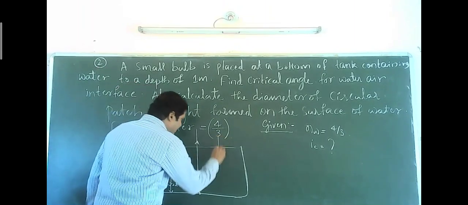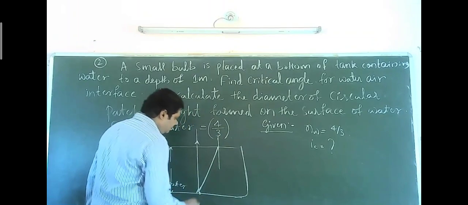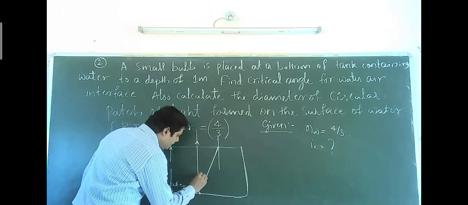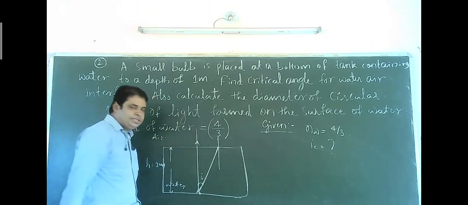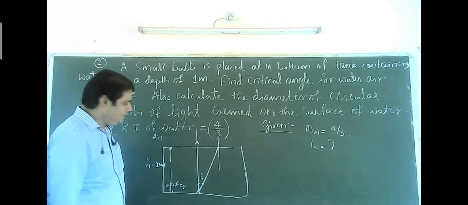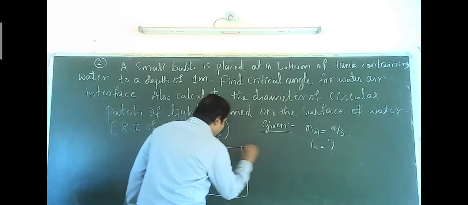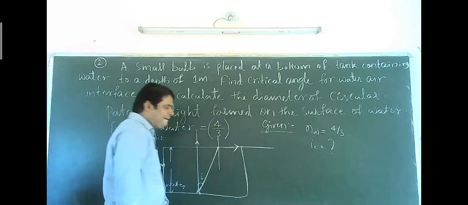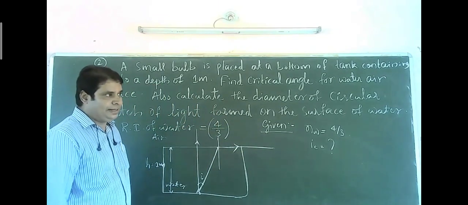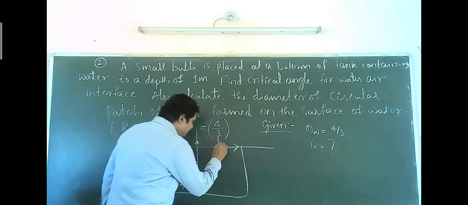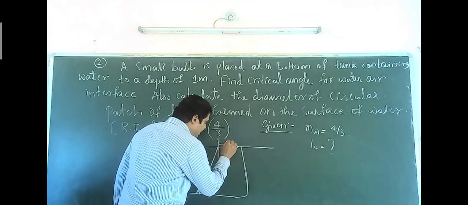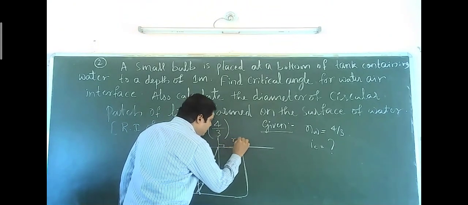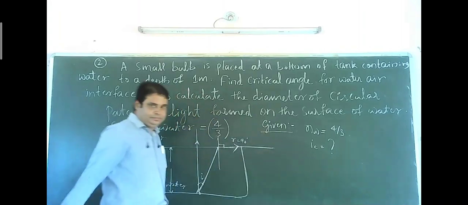A second ray which is incident at an angle equal to the critical angle IC: the refracted ray of light will pass without any deviation. So r will be equal to 90.